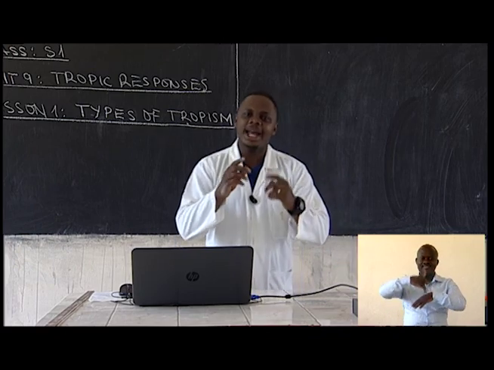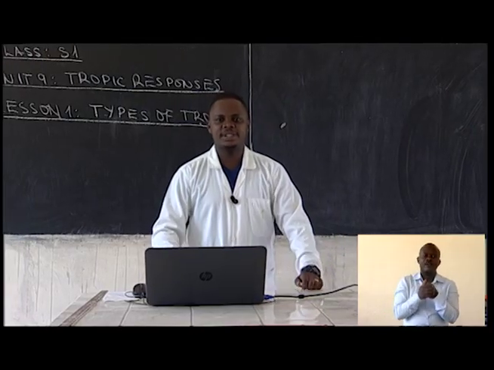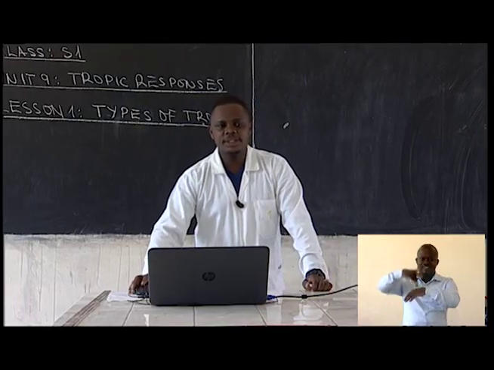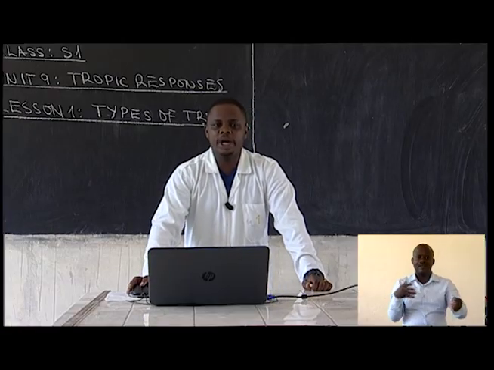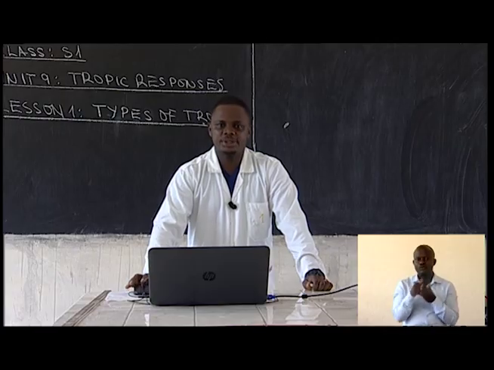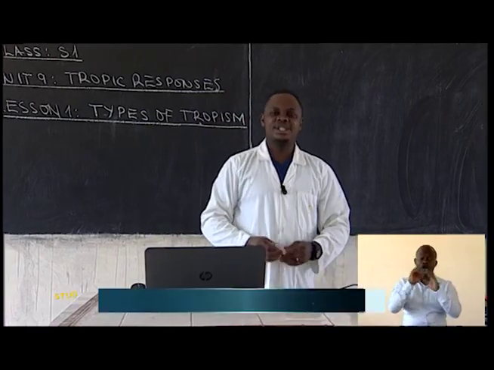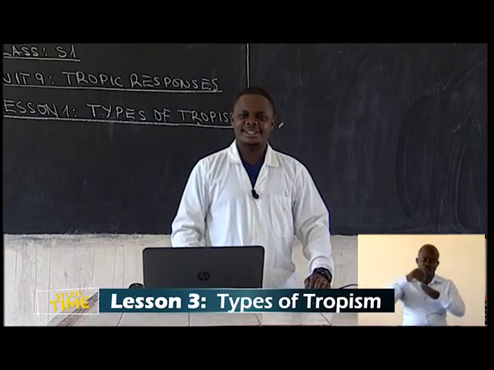So, what do you understand when you meet the term sensitivity? Sensitivity is the capacity of an organism or sense organ to respond to stimulation, or the ability of an organism to respond to the stimulus.